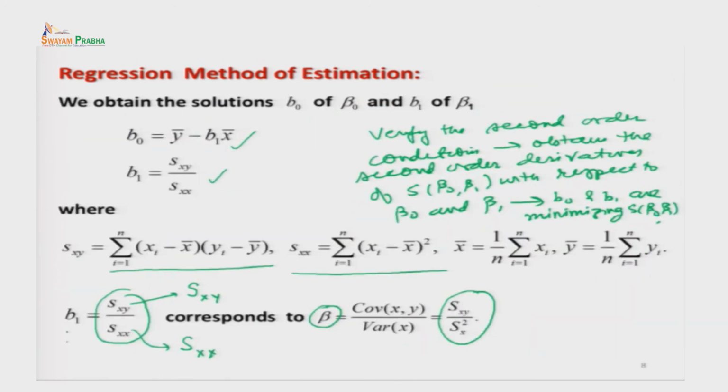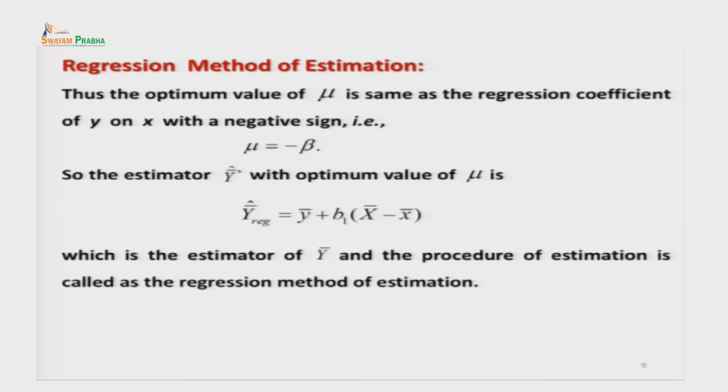This is what I was trying to tell you, that if you use any of these methodologies, you will have similar things. But one should understand how to interpret it. If you club both these methodologies, you can see that the optimum value of mu is the same as the regression coefficient of y on x with a negative sign, that is, mu is equal to minus beta.